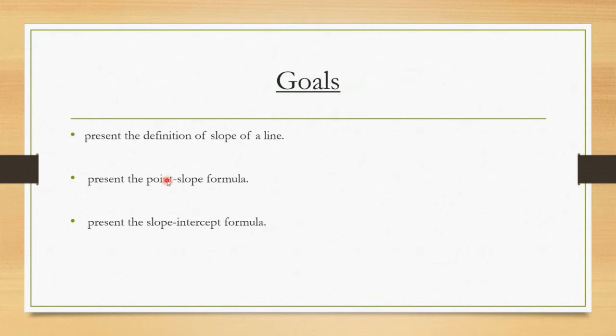Personally, I think it's a little more convenient, but you can use either one you want. They're both correct, of course. But again, you do need to know the slope of a line. And that's what we're going to start with now.